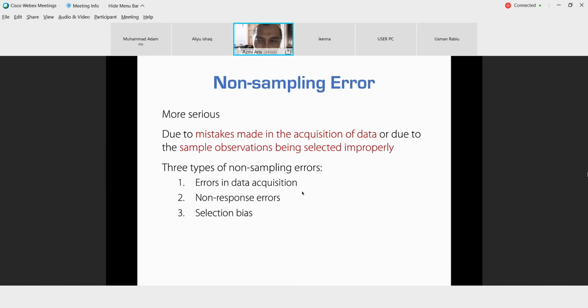So you were given the agreement to record, and you start recording. After you finish the interview and you want to listen back, you realize that something was wrong with your recorder machine, and all the conversation was lost. So that is an example of how errors are made in acquiring the data.